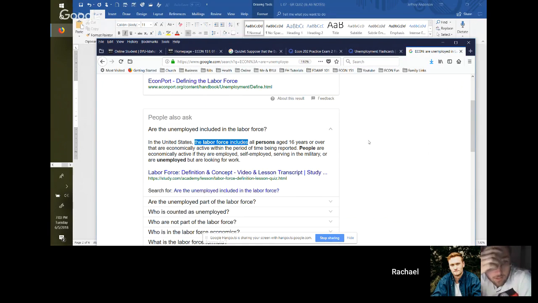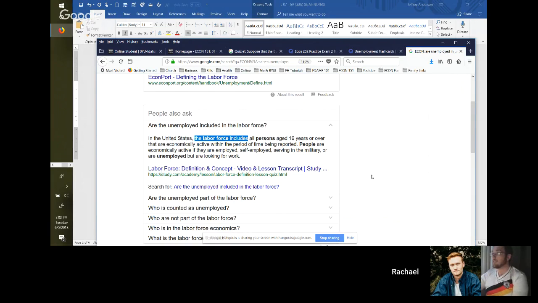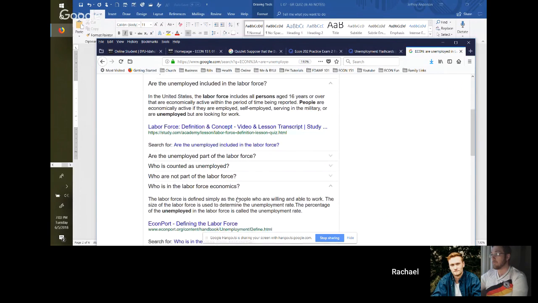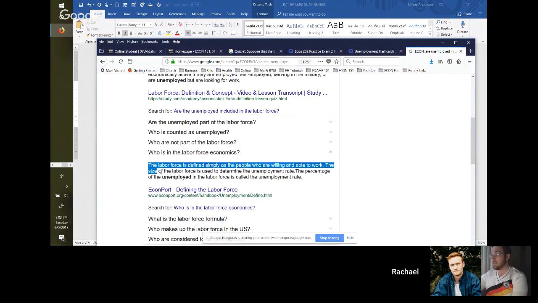All persons 16 or older who are economically active, including employees and the military. That doesn't make any sense. So unemployed counts as the labor force? Because there's a potential force of people that could be. So let's see here. Okay. Let's look at a different definition. 30 times 100. The labor force is defined simply as people who are willing to work.